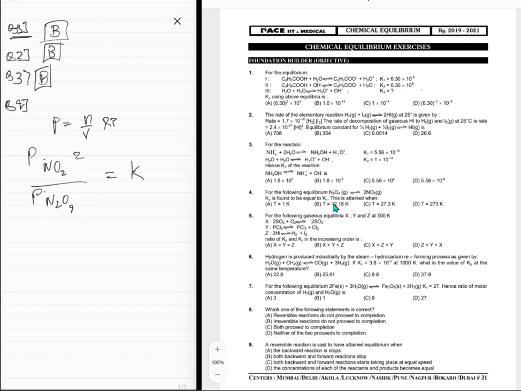We can write P as proportional to n upon V, which is just the concentration basically.